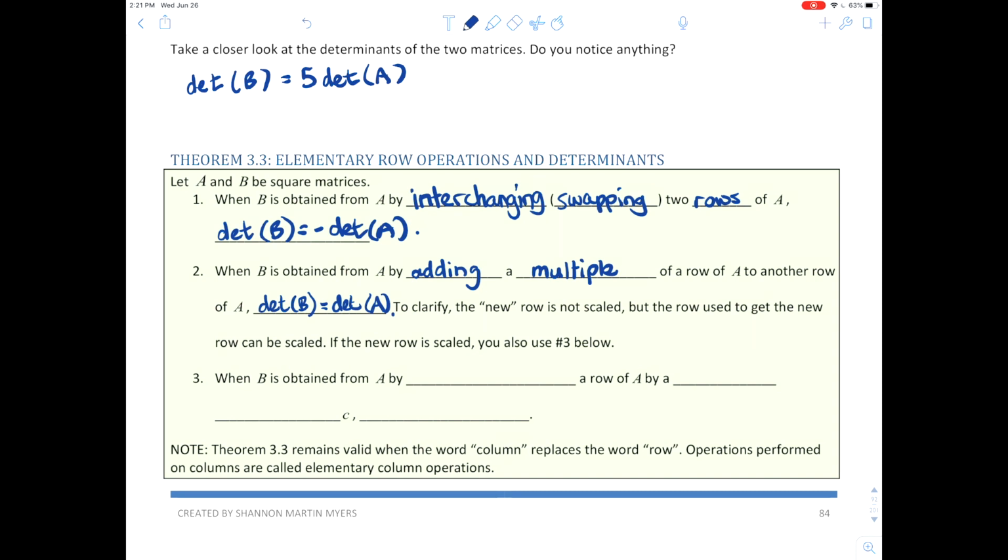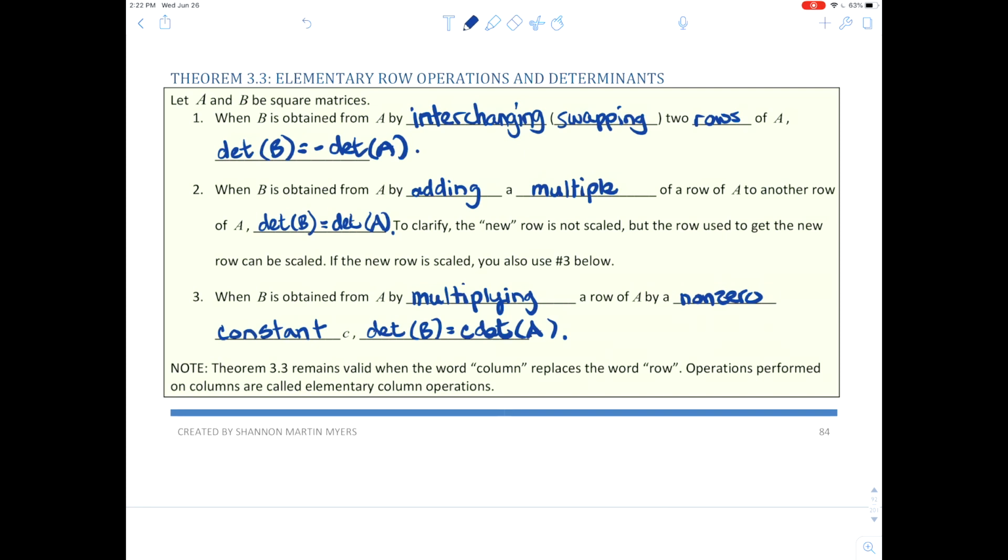If the new row is scaled, you also need to use this third one. The third one says when B is obtained from A by multiplying a row of A by a non-zero constant C, the determinant of B is equal to that constant times the determinant of matrix A. Also, this theorem remains valid when the word column replaces the word row.